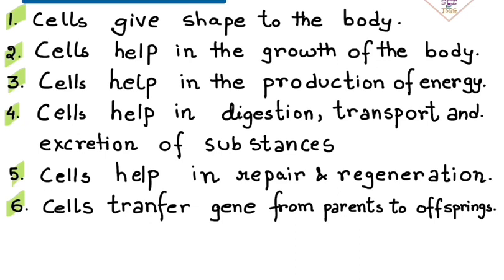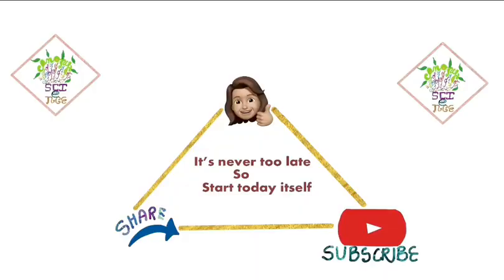This is because there are certain characters which are called as gene, which is present within the cells. These genes are transferred from parent to the offspring. And who is responsible for the transfer of this gene from the parents to their children is nothing but the cells.